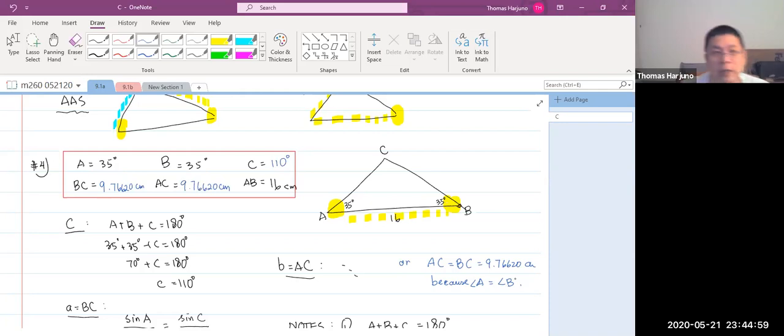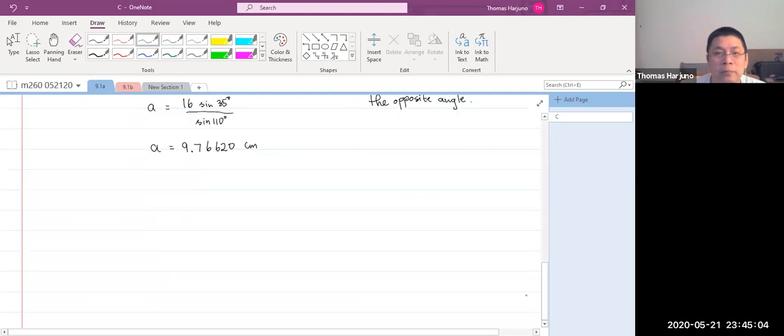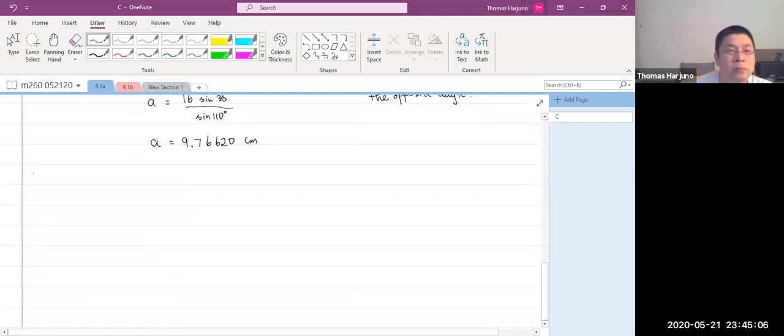Let's say, for example, number 8. Side A is 52.15 centimeter. Side C is 42.90 centimeter.